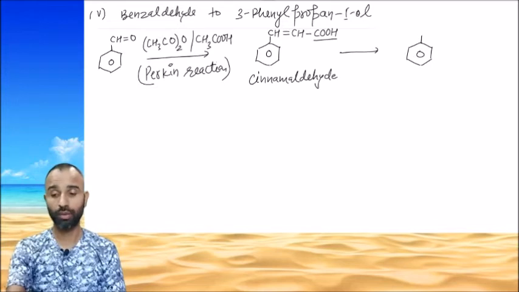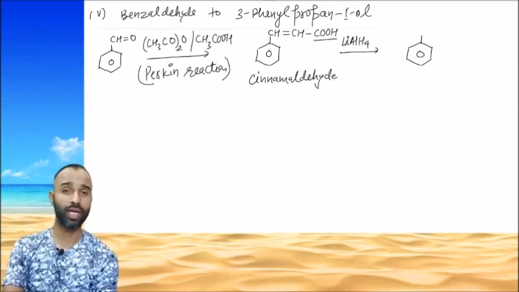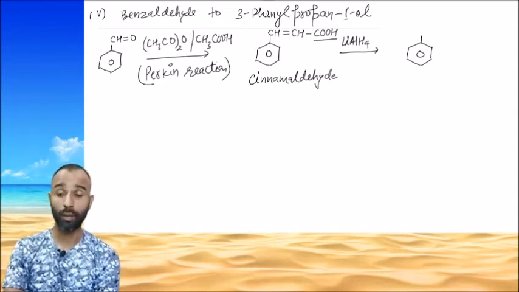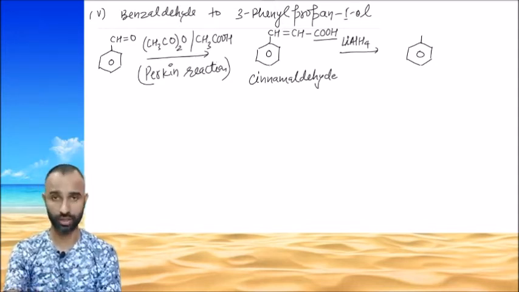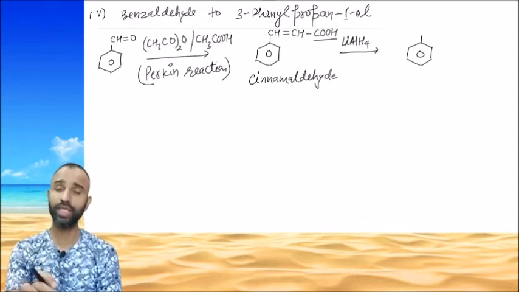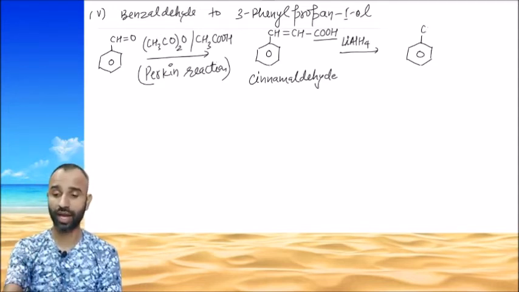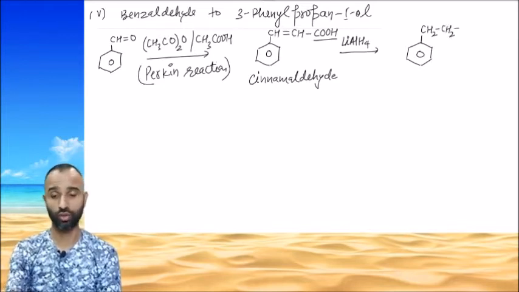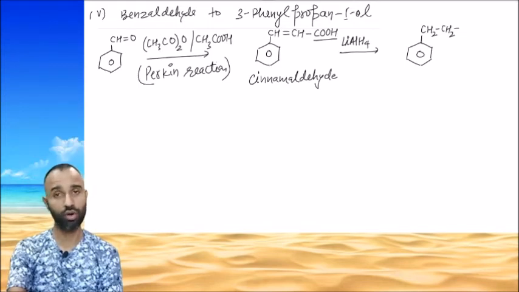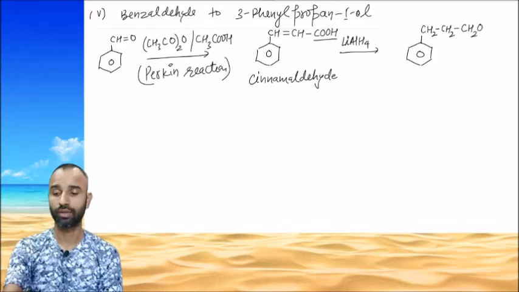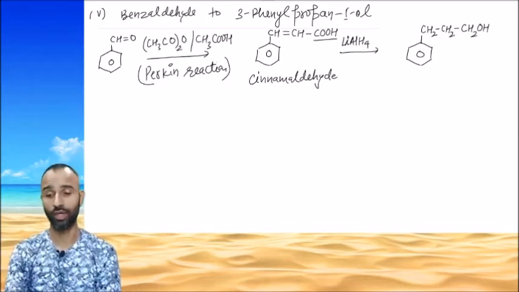So the conjugated double bond and COOH both can be reduced by lithium aluminum hydride. Otherwise, lithium aluminum hydride cannot reduce a double bond, but if the double bond is conjugated, that can be reduced. And COOH, lithium aluminum hydride is a strong reducing agent, so it can reduce it into alcohol.